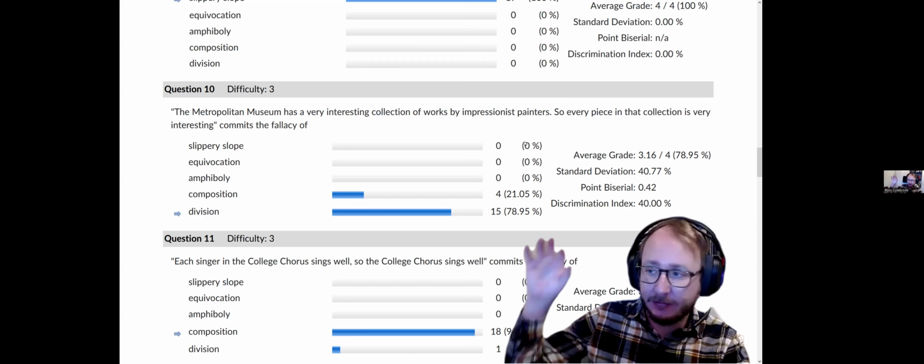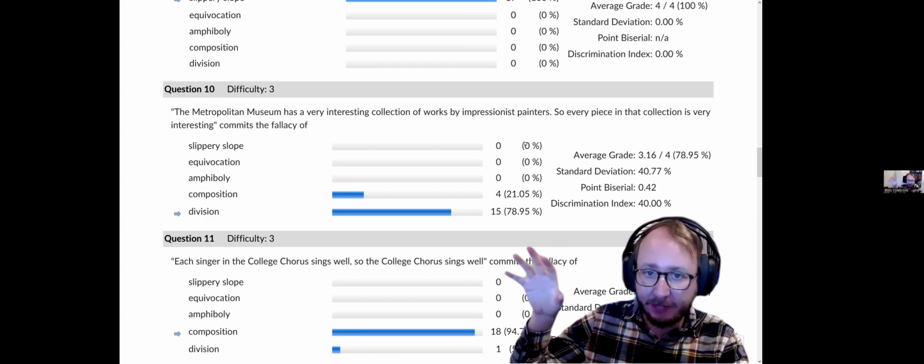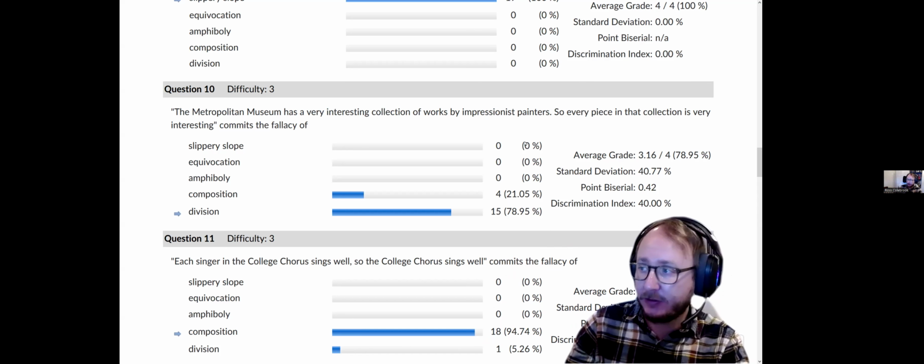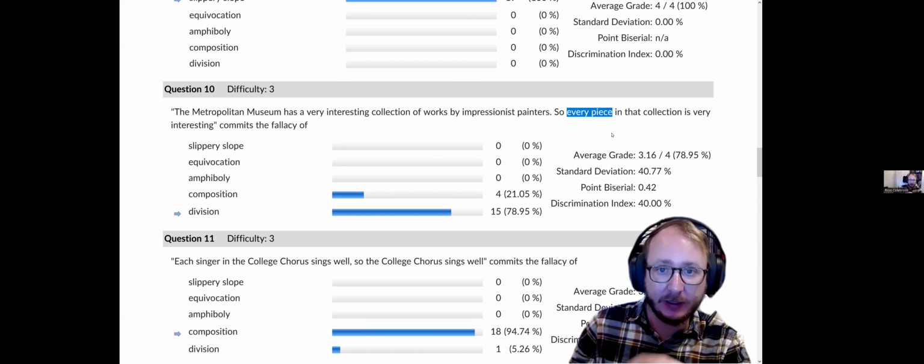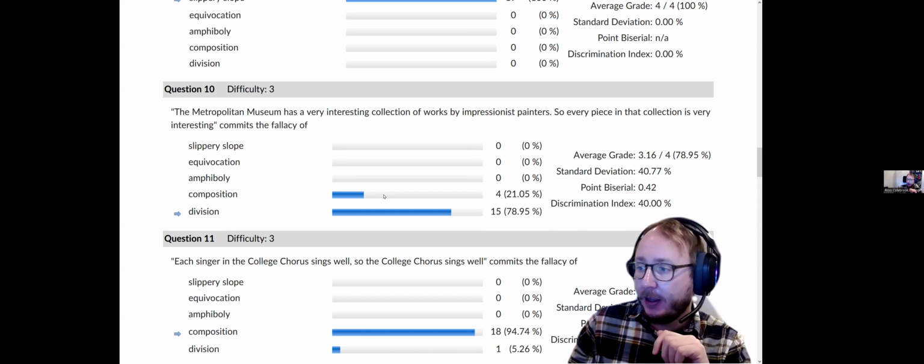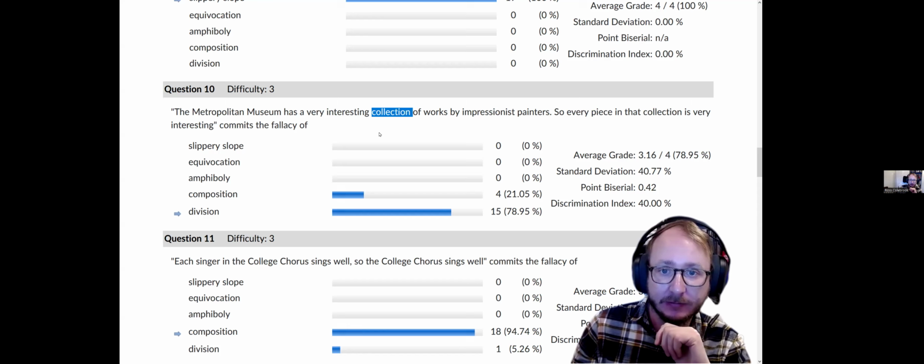So here we've got division because we're starting off in the premises with this whole thing, which is the collection, and we're drawing a conclusion about each piece in that collection, which are each of the parts. So notice that composition goes the other direction. There we would start out with every piece in the collection being interesting, and then we would draw a conclusion that the collection is interesting.